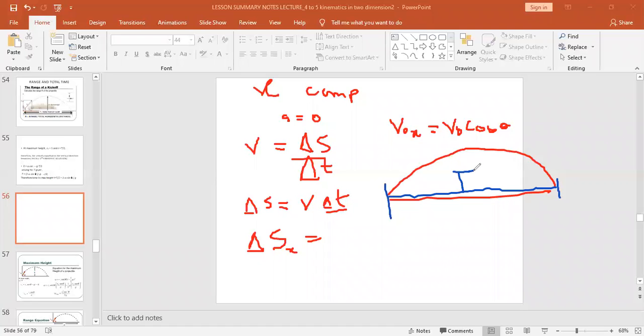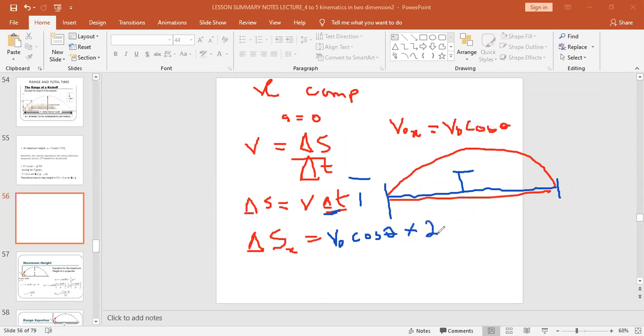This change in T is the capital T, which we found earlier. So this will now become V naught cos theta times the total time, which we calculated.